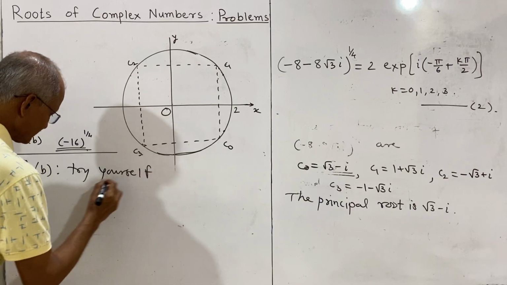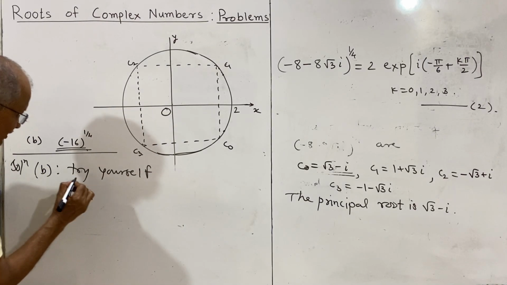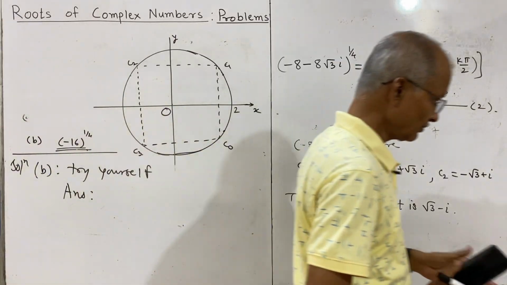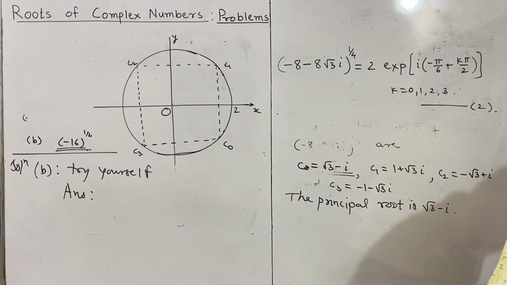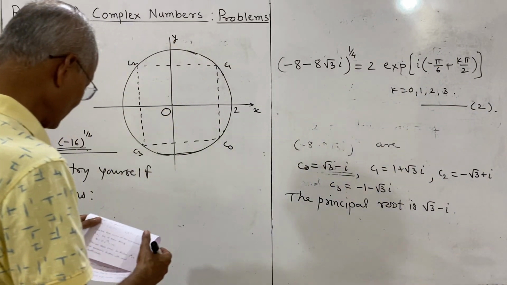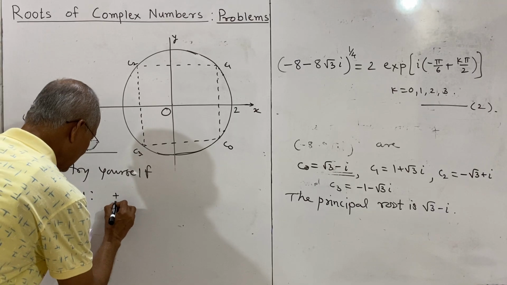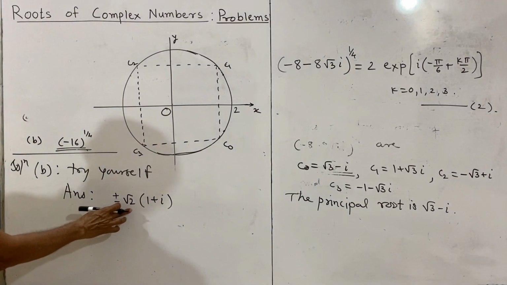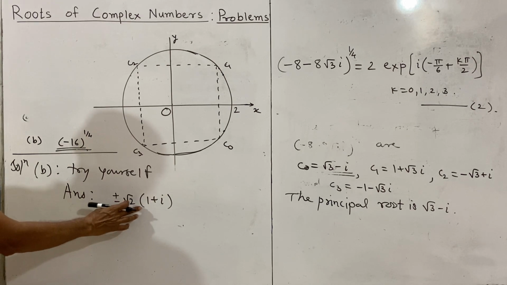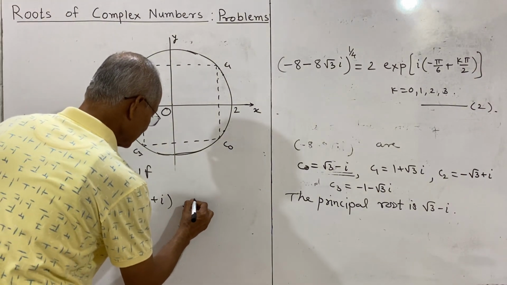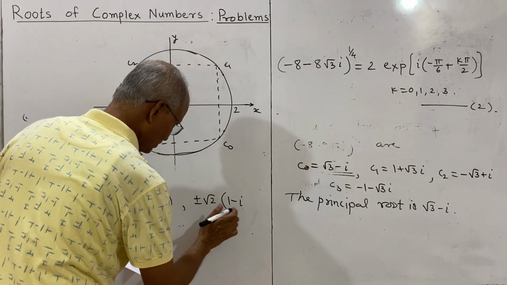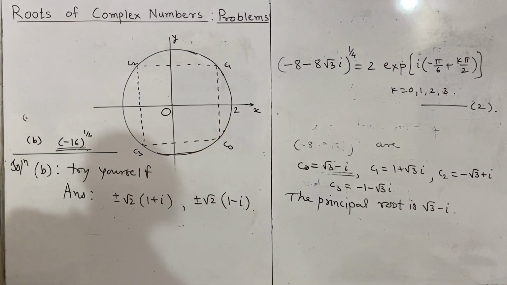The answer I shall tell you is plus or minus root 2 into bracket 1 plus I. There are two roots, root 2 into bracket 1 plus I and minus root 2 into bracket 1 plus I, and similarly the other two are plus minus root 2 into 1 minus I. So this is easy.